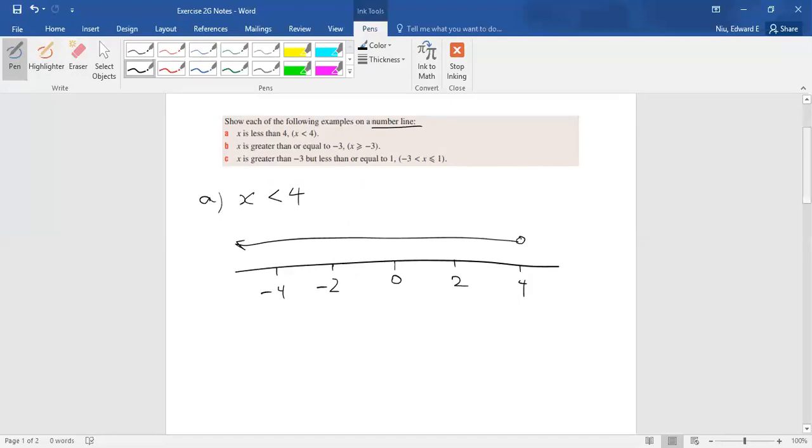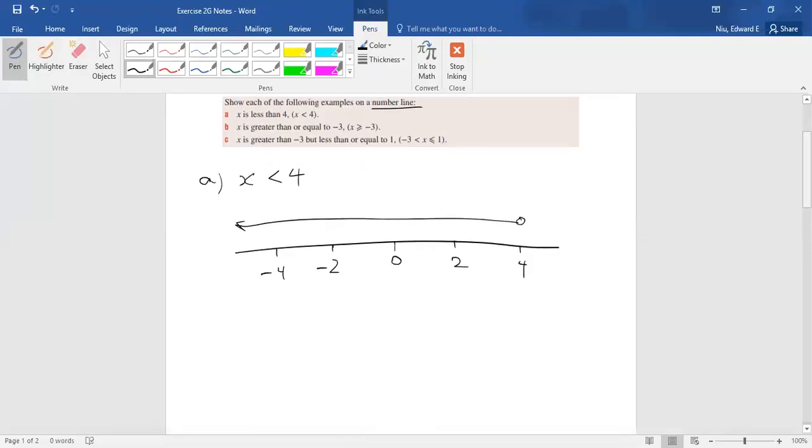Well, you're like, well, that's super confusing. What's the purpose of that? Just specificity. So let's take a look at B. B here says x is greater than or equal to -3. So x is greater than or equal to -3.